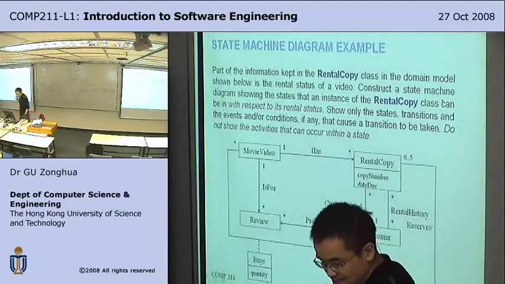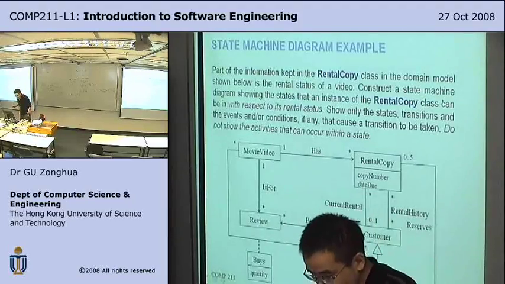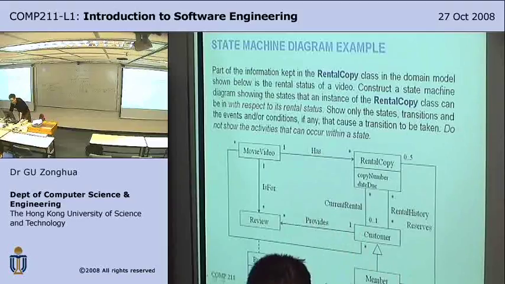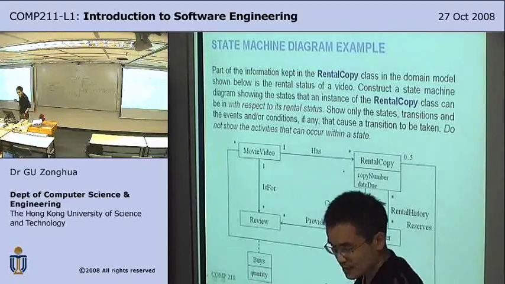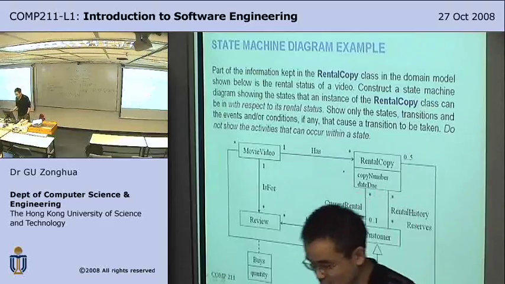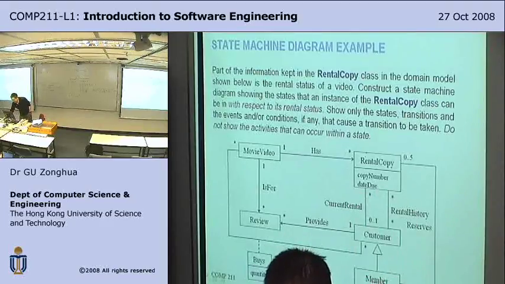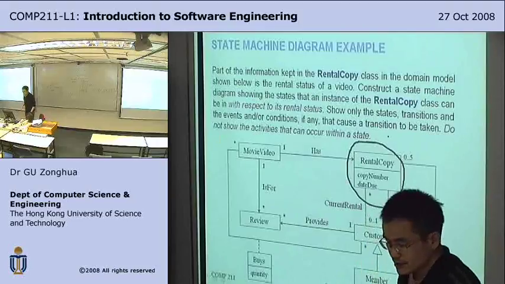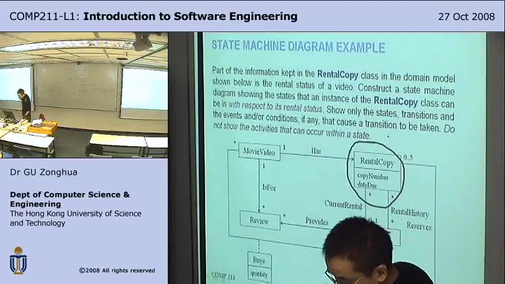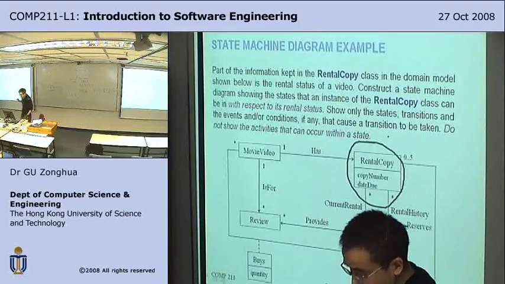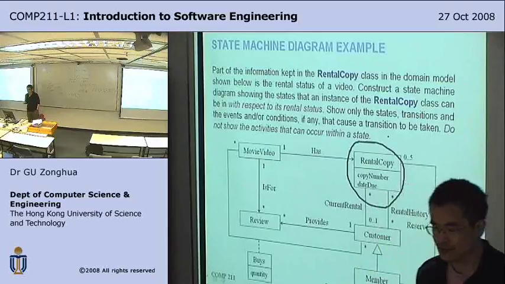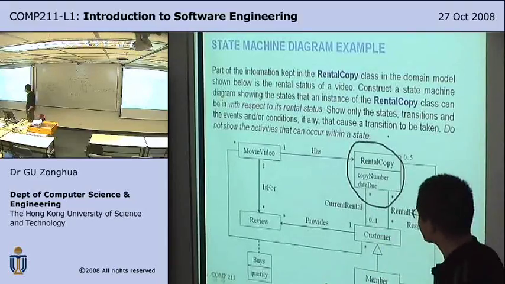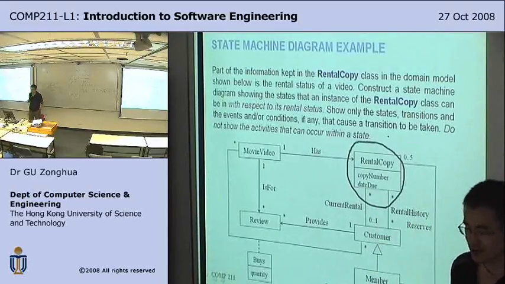So here's the domain model class diagram for the video rental example. We're focusing on the rental copy class. The task is to construct a state machine diagram. Also, this type of question will be on your final exam.